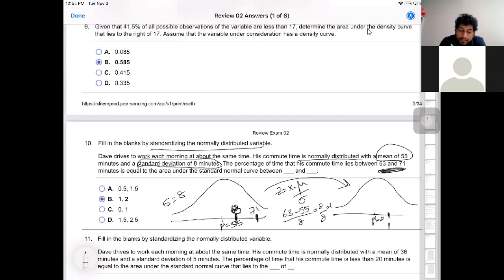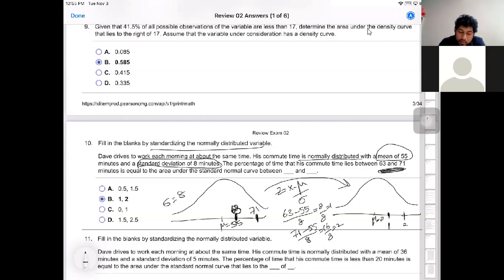Clear? Then the other value 71. Now your x is 71. 71 minus 55 divided by 8. This is going to be 16 divided by 8, it is 2. So now your new value for 71 is 2. Clear?